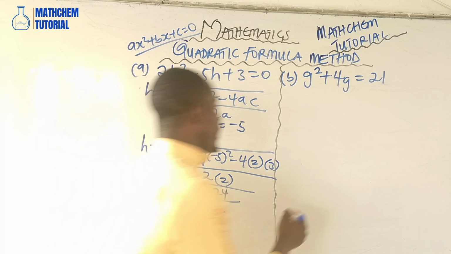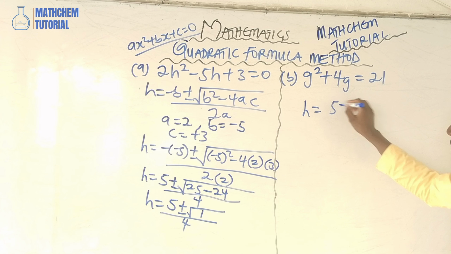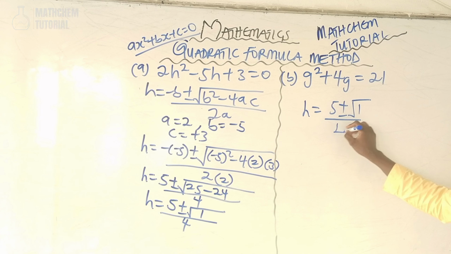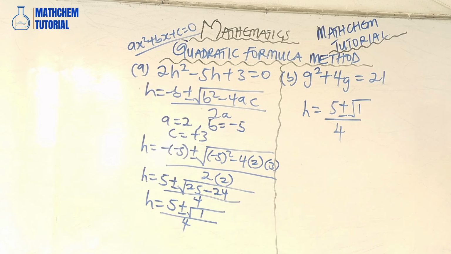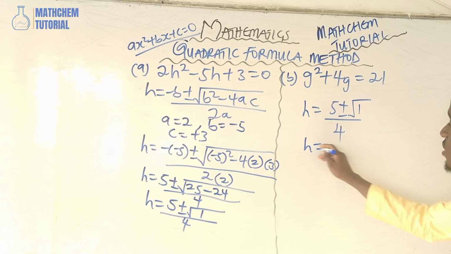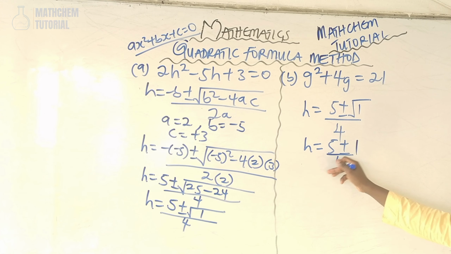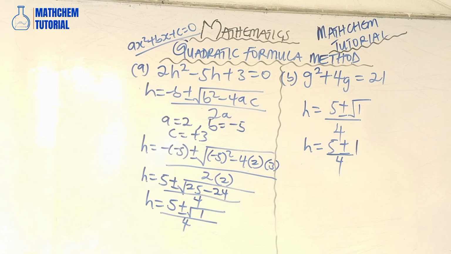So h equals 5 plus or minus the square root of 1, everything over 4. The square root of 1 is 1, all over 4. If I split it into 2, that will be h equals 5 plus 1 over 4 or 5 minus 1 over 4.